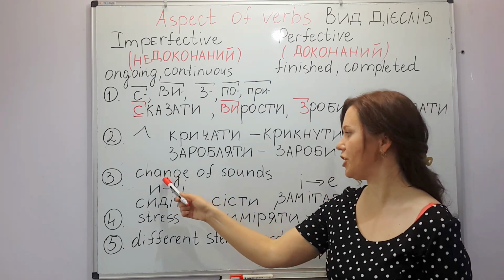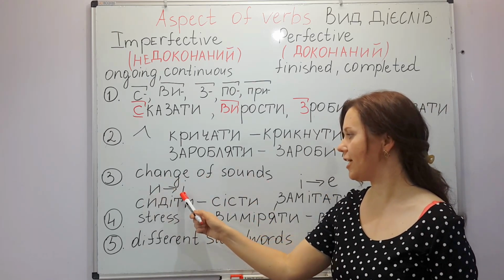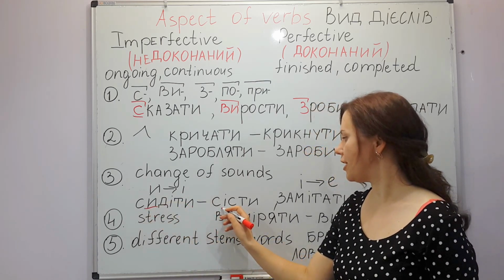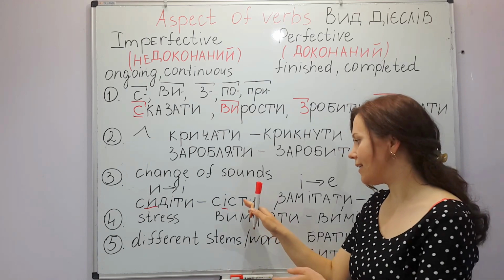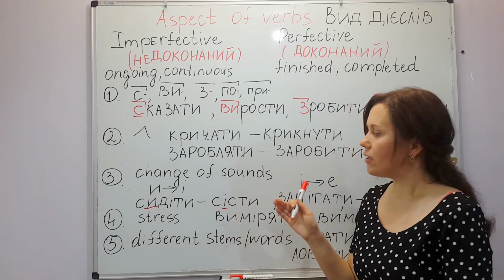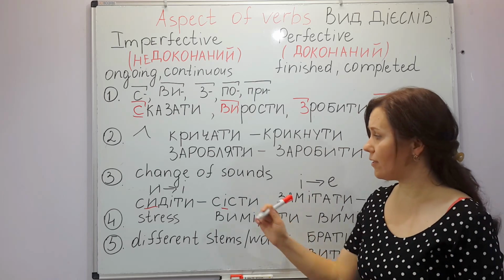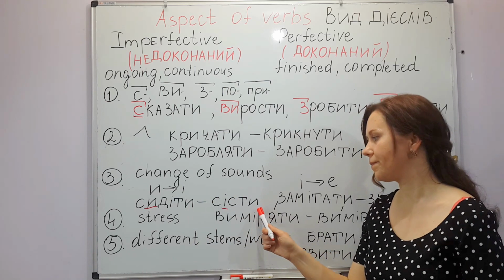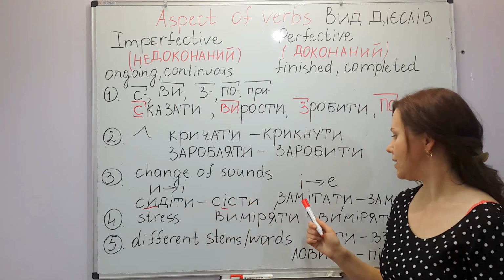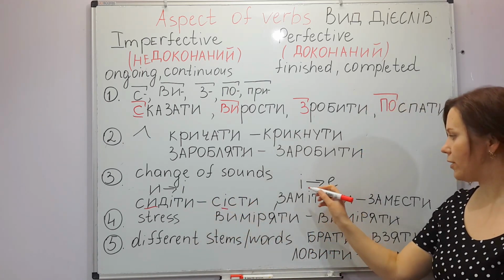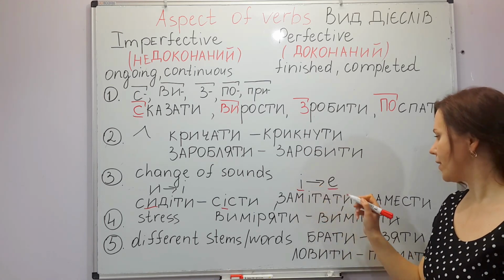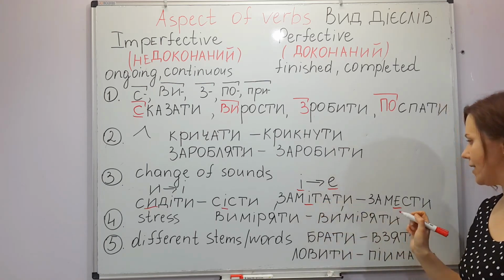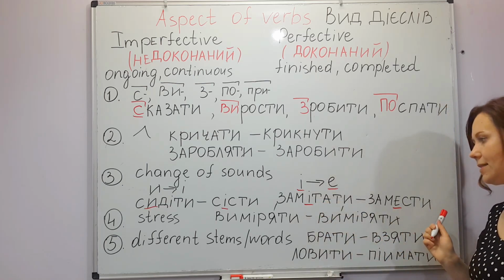Also, sometimes we have a change of sounds. Сидіти, where we have и changed to і: сісти. To sit. But again, here we have some other changes, so if you know this rule, it won't help you a lot. Замітати, to sweep: here we have і changed to е, замести.